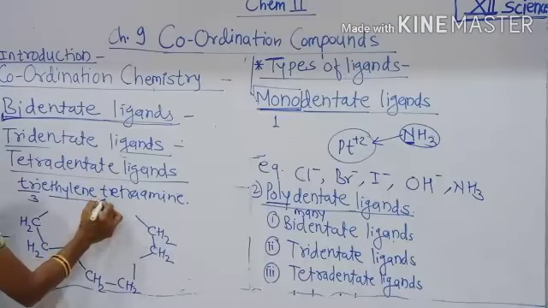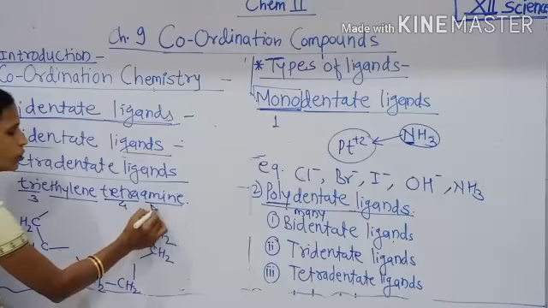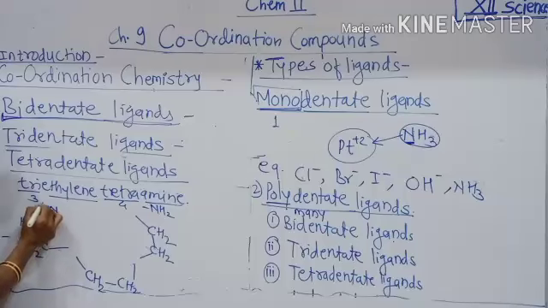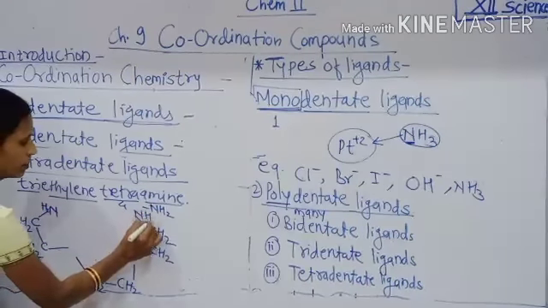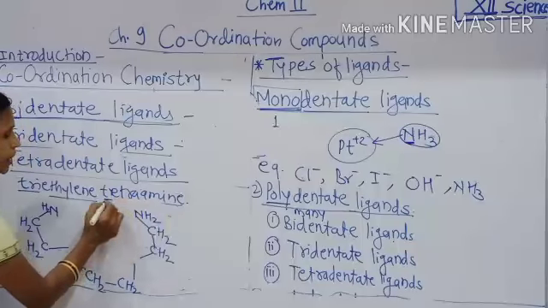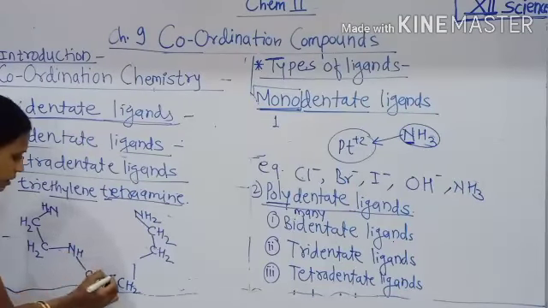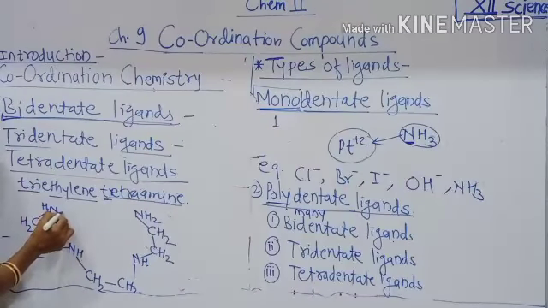Then tetramine, tetra means 4 amine groups: here an NH2 group is there, here one more NH2 group, and here NH, and here another.